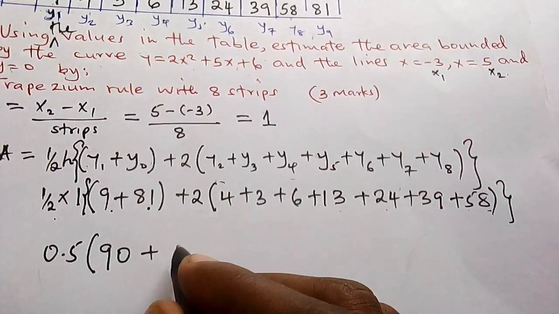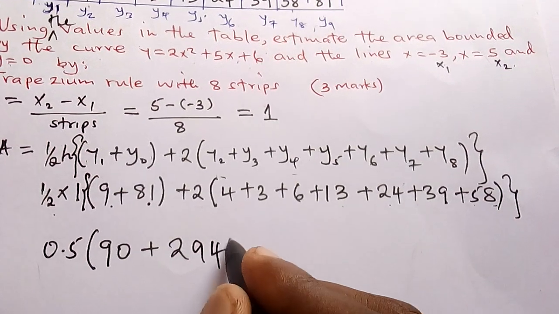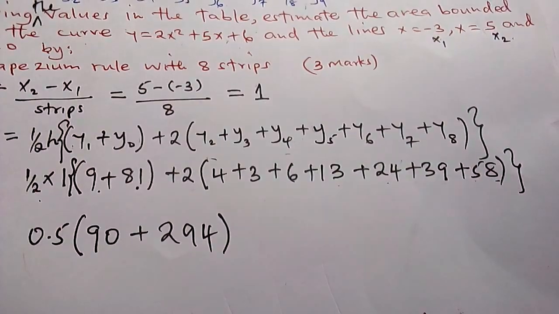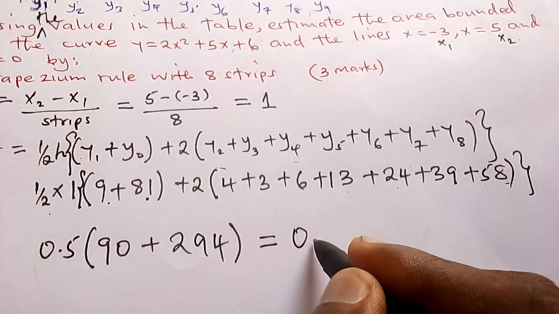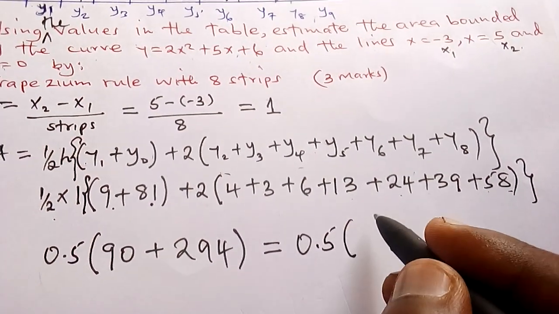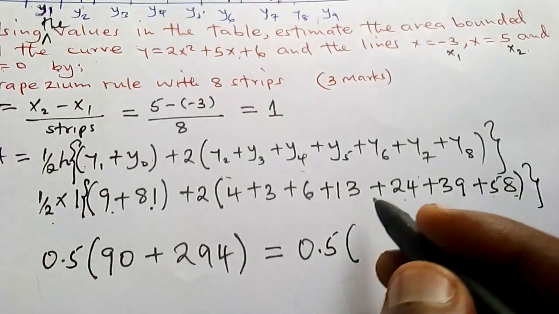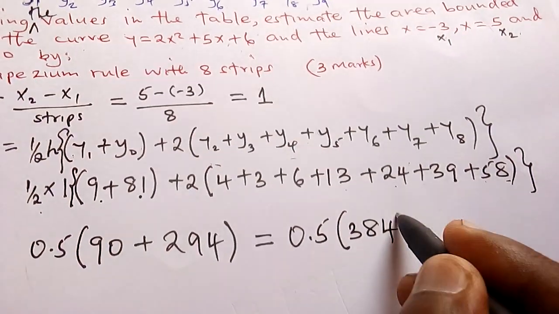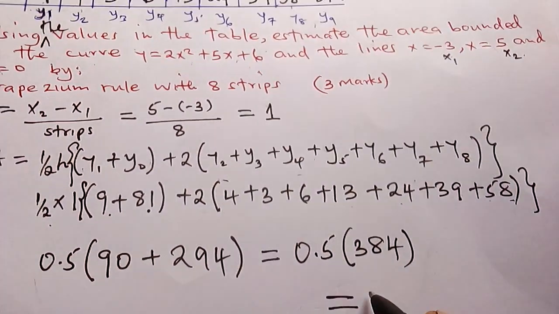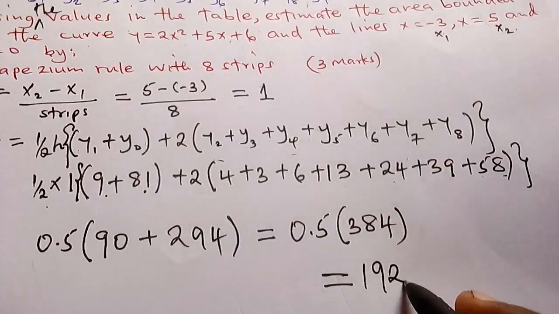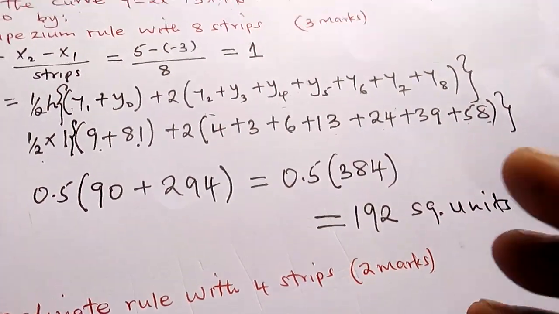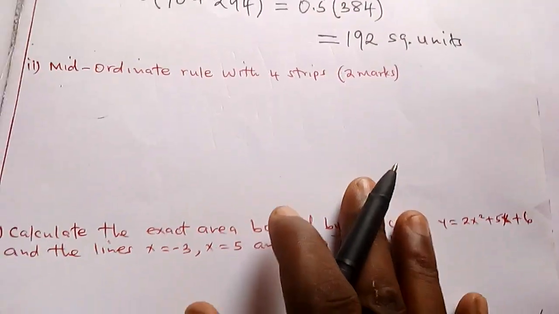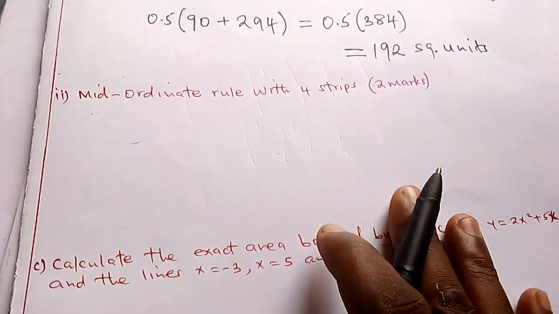You are going to get 294. So this one is going to give us 0.5 into 90 plus 294, that is 384. That is 192 square units.